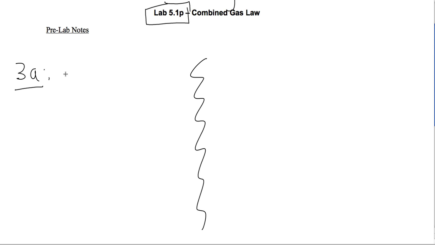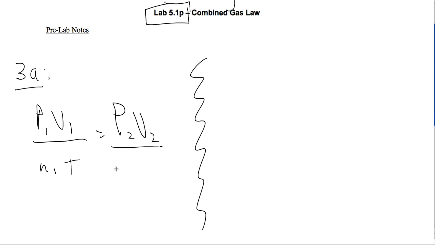In the pre-lab notes, I believe I gave you guys, we talked about the equation for 3a, the before and after equation, which says that P1V1 over N1T1 equals P2V2 over N2T2. And we talked about some rules.